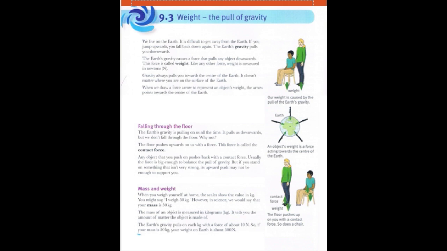The earth's gravity pulls you downward. The earth's gravity causes a force that pulls any object downward. This force is called weight. Like any other force, weight is measured in newtons, or capital N.